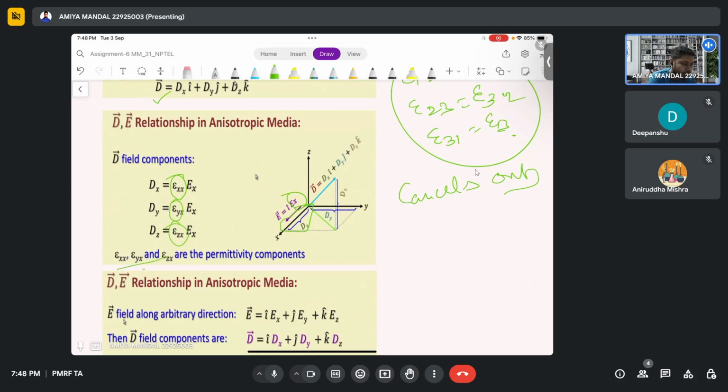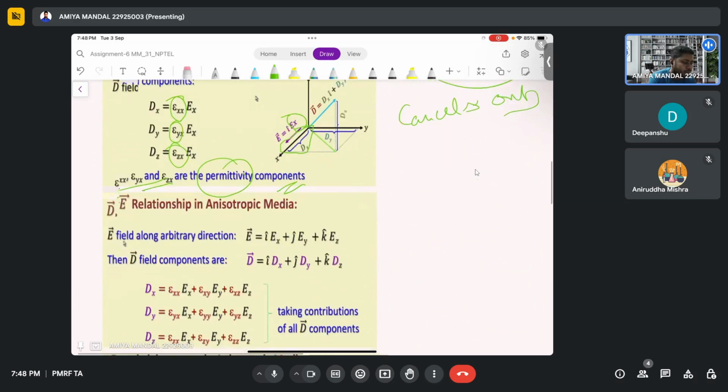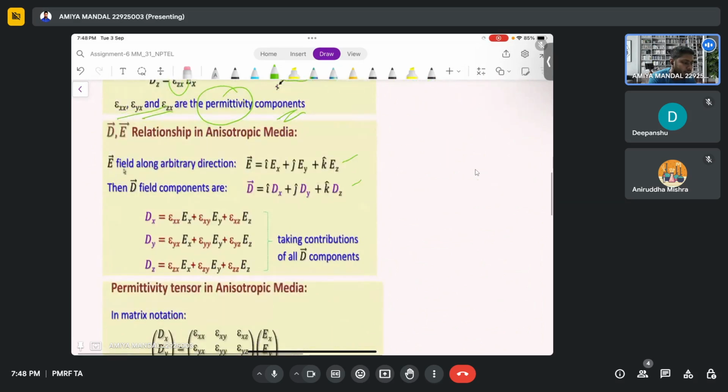They are permittivity components, epsilon ij, and 9 components should be there.